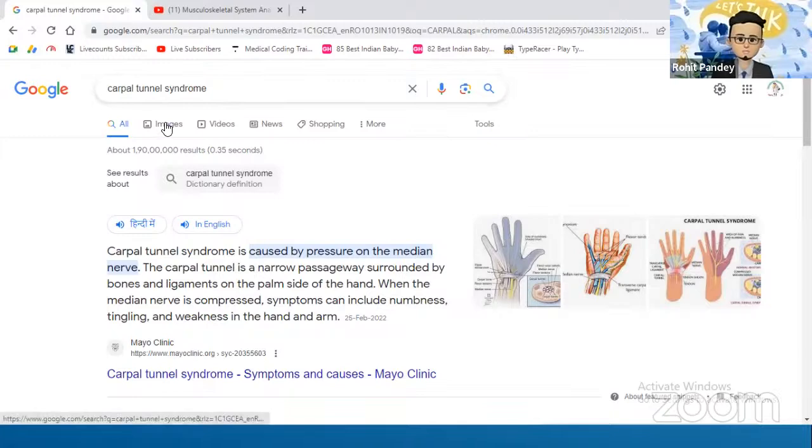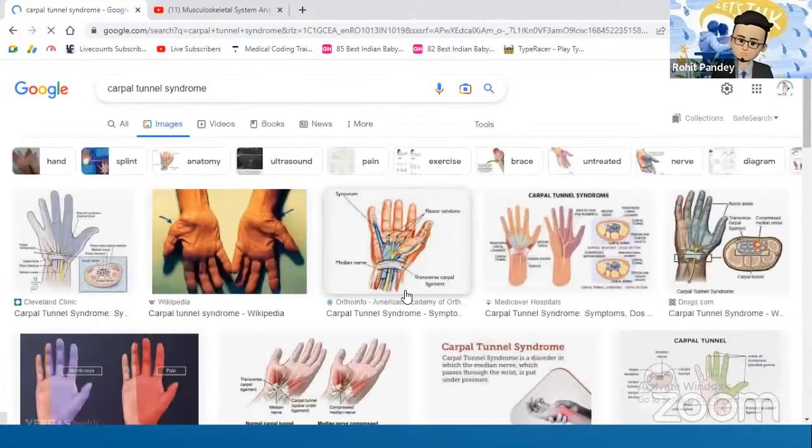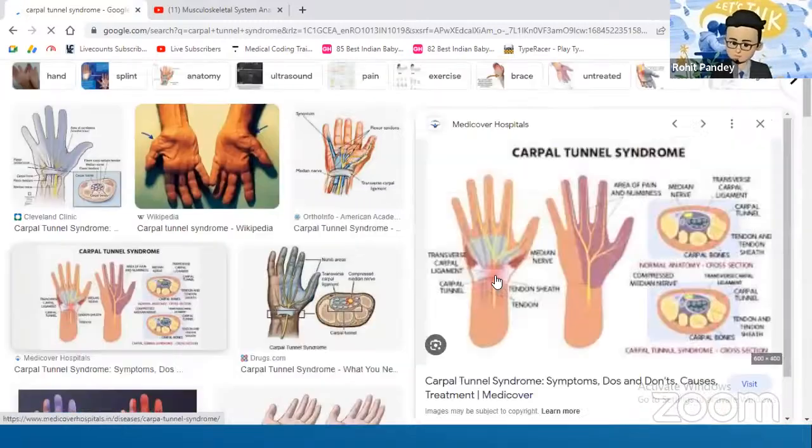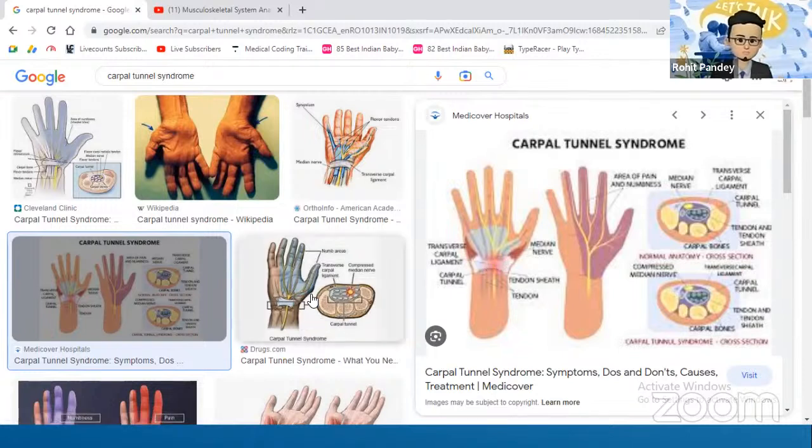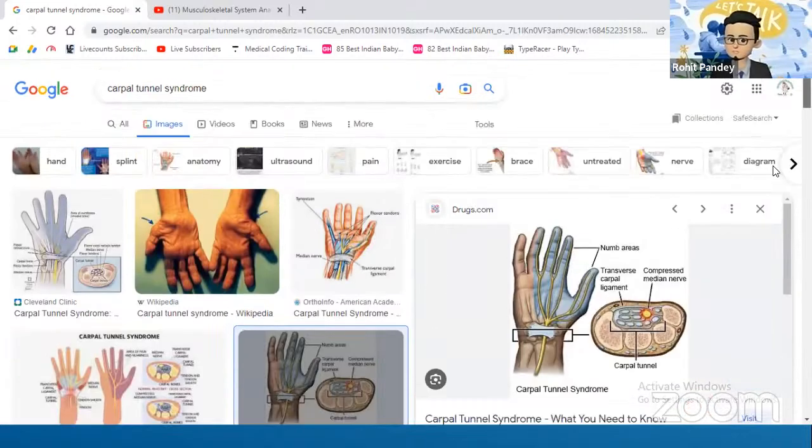Let me check out images as well. Here you can see that there are a lot of nerves going through a small tunnel. When it is compressed because of multiple reasons, it causes pain and feelings of numbness, and these kinds of symptoms happen, numbness and paresthesia.